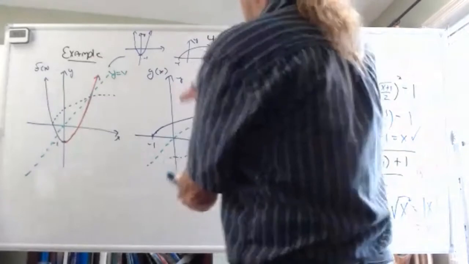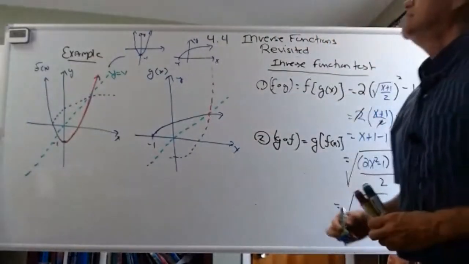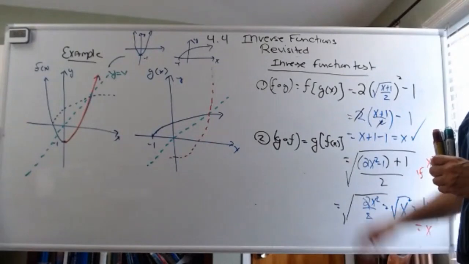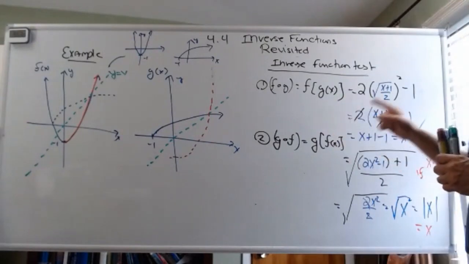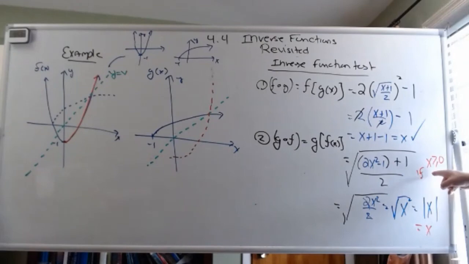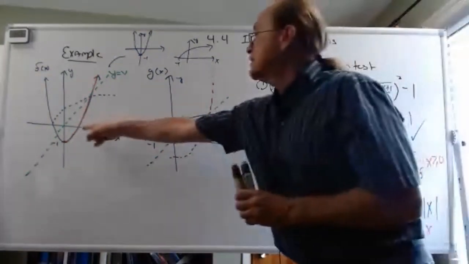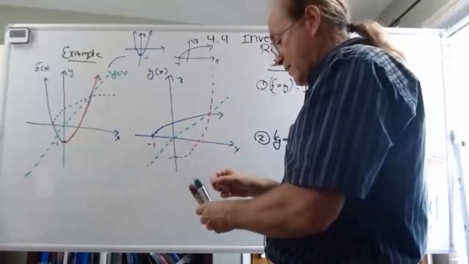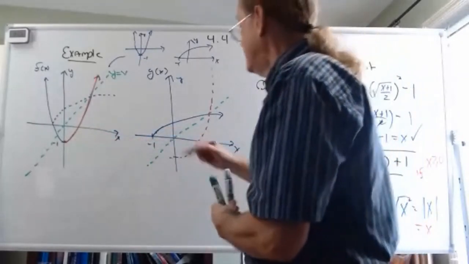I didn't draw them perfectly to scale. Not too bad, but nicer when you can do that using a graphic utility. But it makes sense, and you can see why you have to restrict this. Because if I didn't restrict this and I flip it, I would also get this.